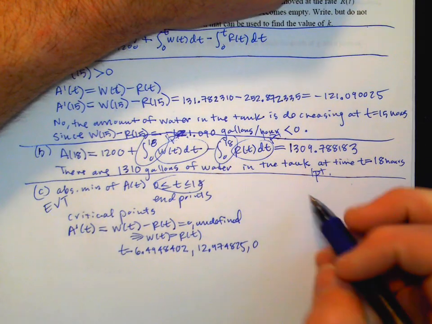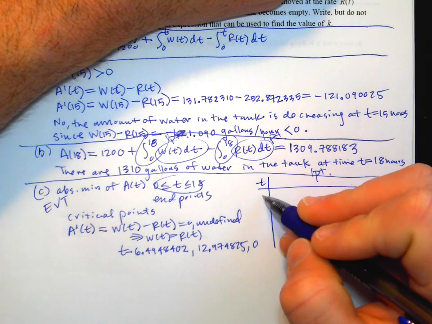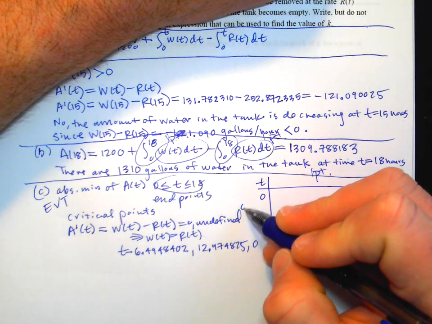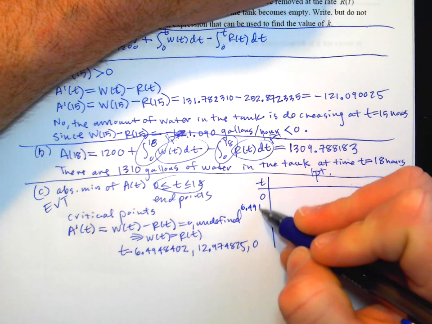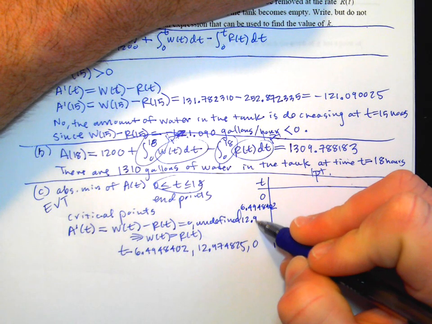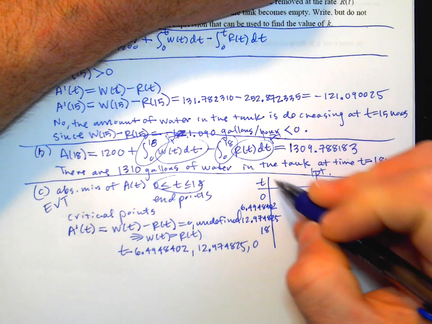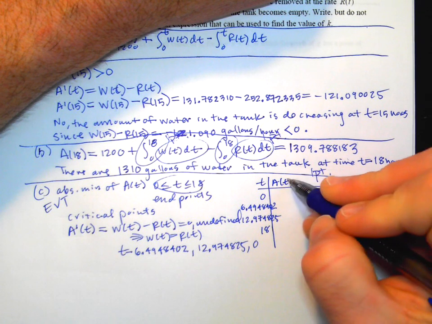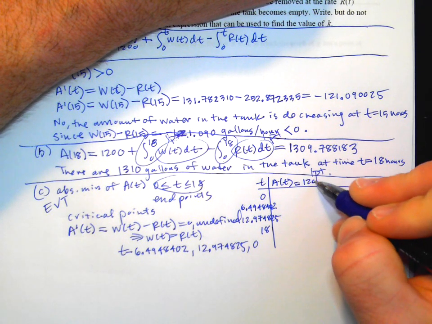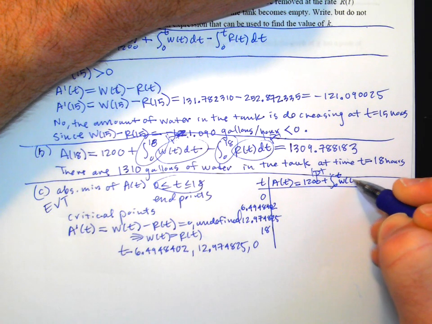We're going to make a table, organize our information, put the t's in, put the endpoints, put the critical points: 6.494842, 12.974825, 18. We're going to plug them into our rate model, which I'm going to write right here so that this is more of a reference for me.